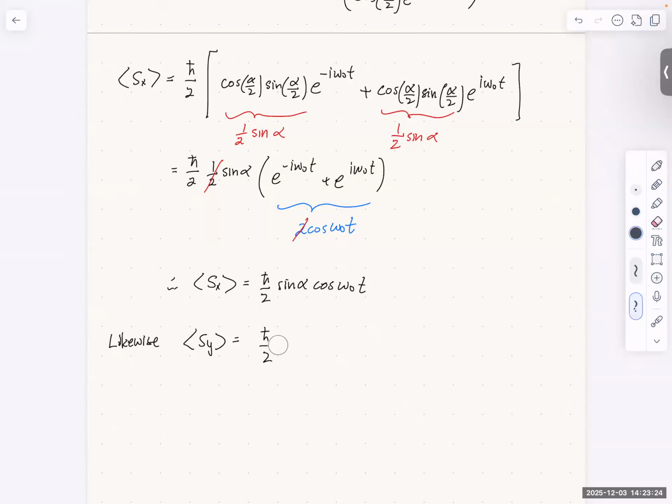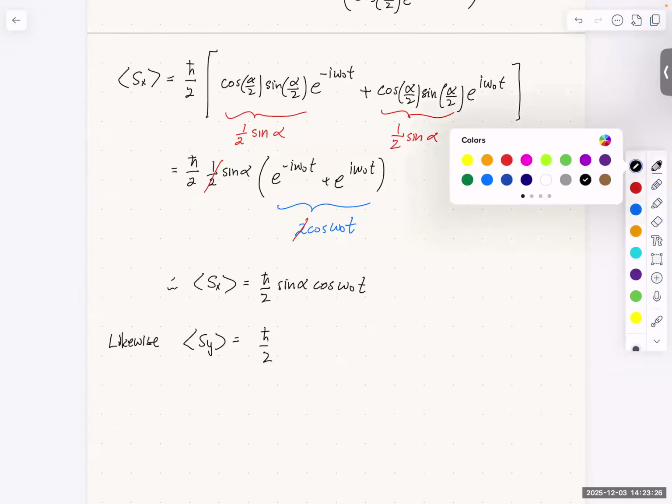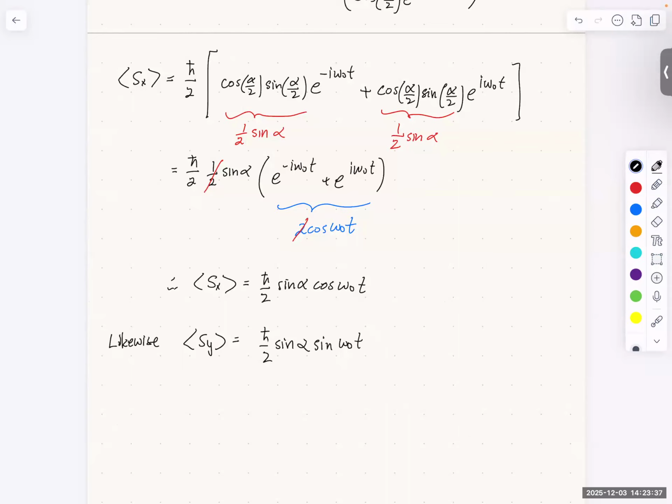Sorry, no, you won't. I said you could guess, and apparently I can't. So we're going to get a sine alpha. And it's this one that changes. It's going to be a sine omega naught t. So it likewise oscillates in time, but because we have cos and sine, they oscillate out of phase.